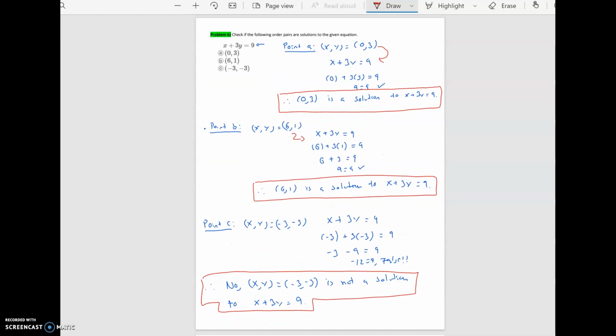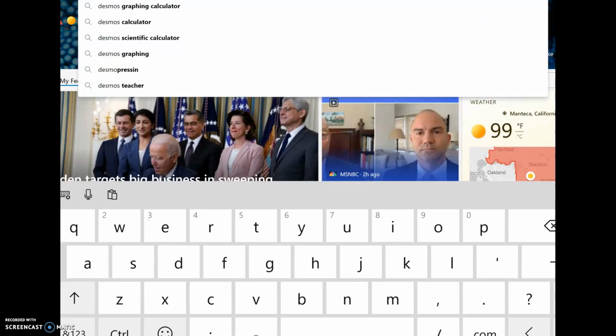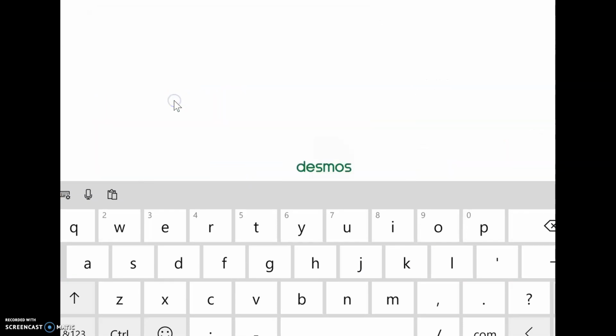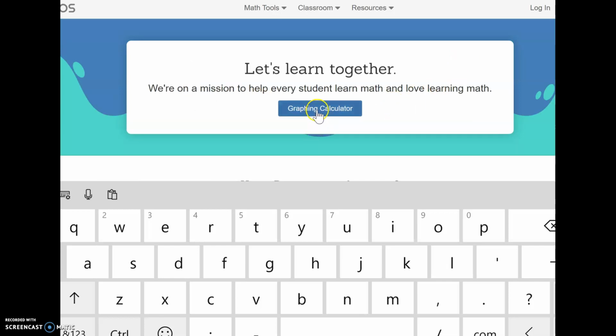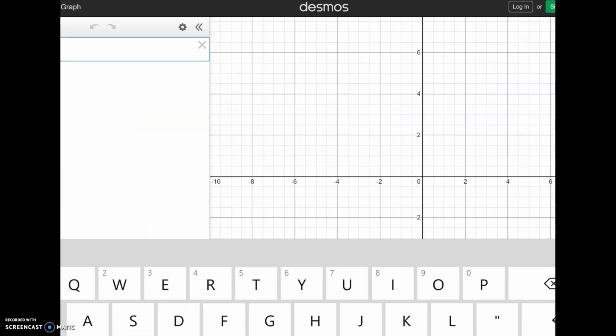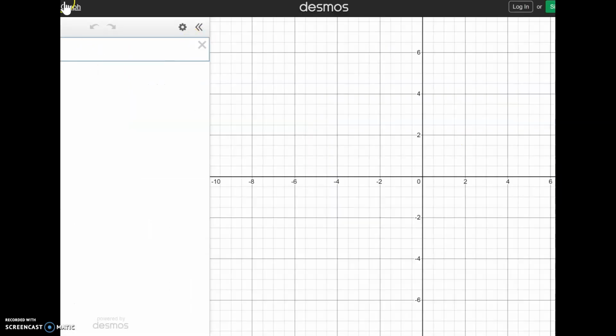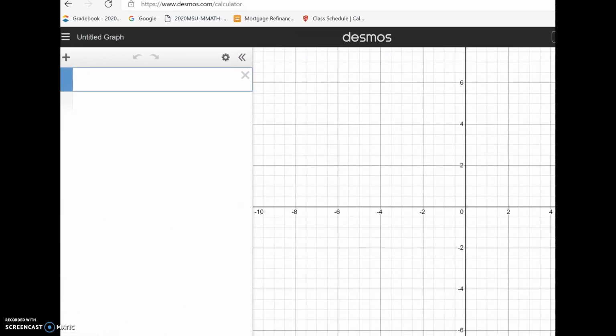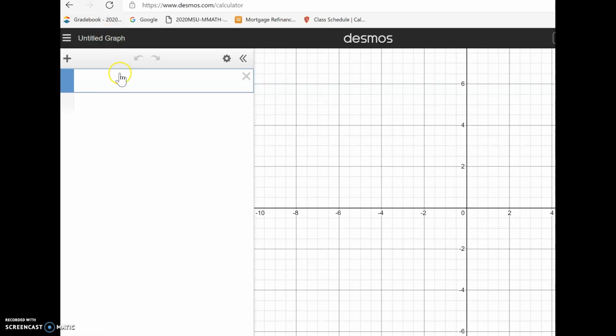So I'm going to use the software, and this is Desmos. Let me just expand this so that you see how I'm graphing it. And let me show you the actual website. It'll show up on some of the modules. So the equation was x plus 3y is equal to 9.